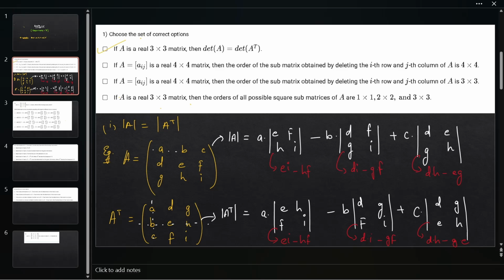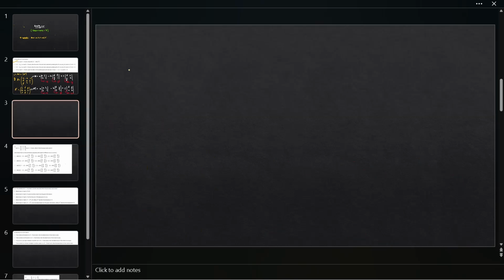Now let's move on to the second question, where it says that A is a real 4 cross 4 matrix. Then the order of the submatrix obtained by deleting the ith row and the jth column. First, let's take any arbitrary matrix of order 4 cross 4. Here I have ABCD, EFGH, let's take PQRS and XYZW.